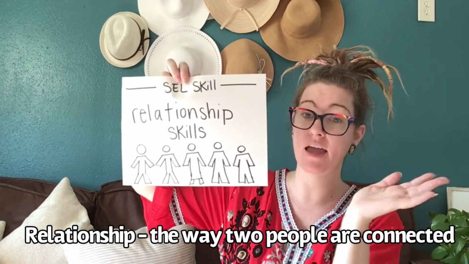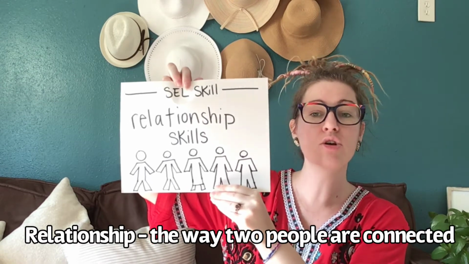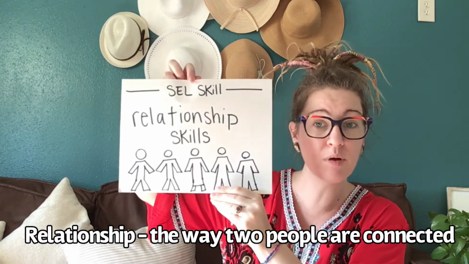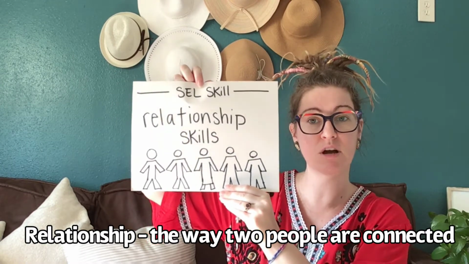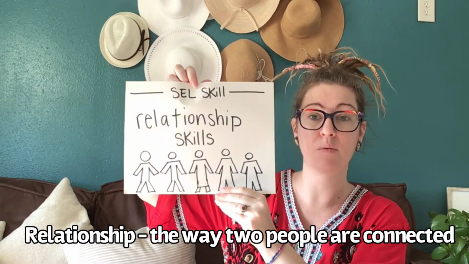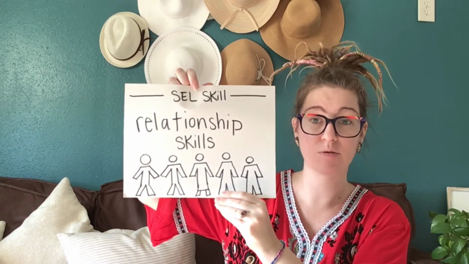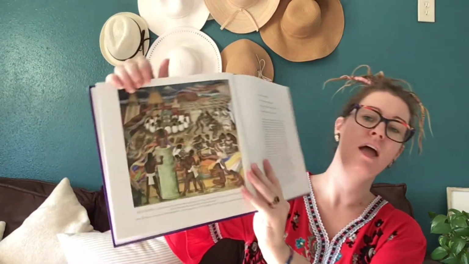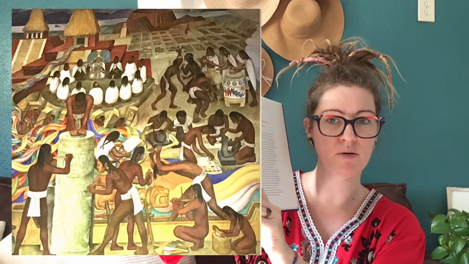You could have a family relationship with your mom, your dad, your brothers, sisters, grandma, grandpas. You could have a friendship with someone, like your friends at school or in the neighborhood. So relationships are different ways that we work with, get along with, and interact with other people. So we'll want to look at this mural and think about the relationships that we see here.